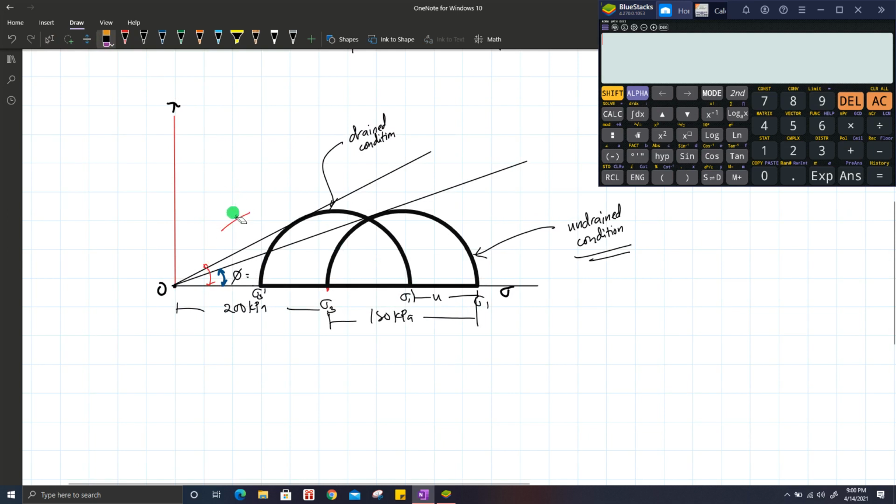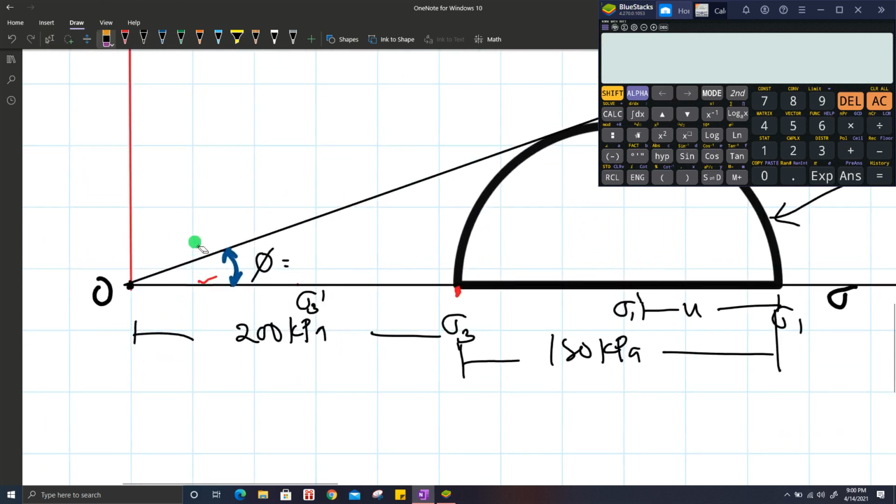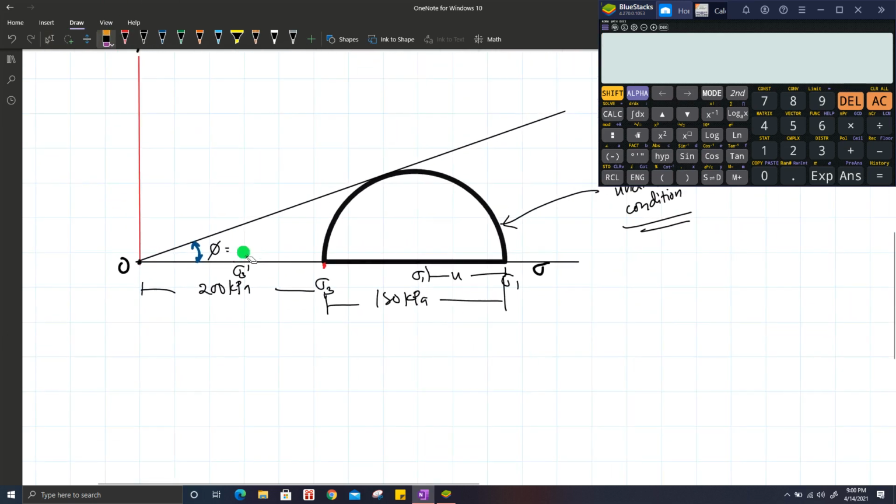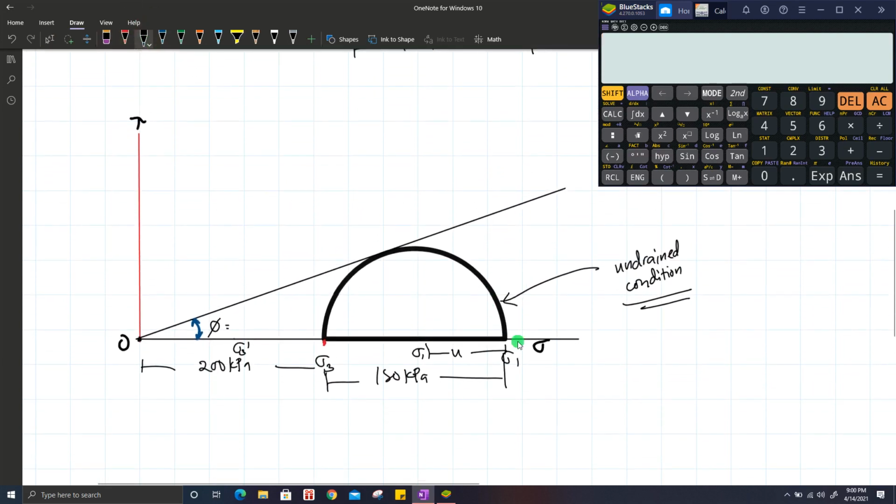So, erase natin to. Yan. Okay. So, ito lang yung ating drawing para sa undrained condition. Okay, so ito yung required angle of internal friction sa undrained condition.